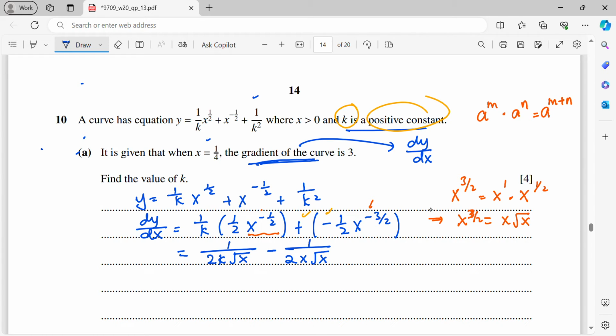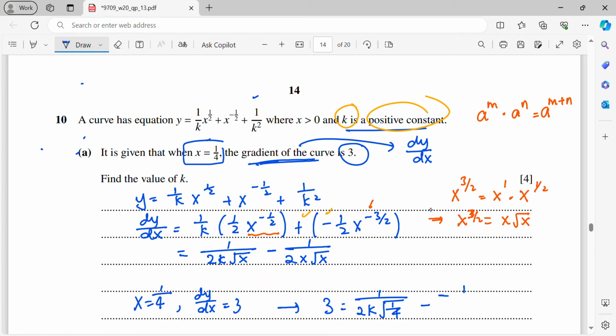Now, it's mentioned that the gradient is 3 when x is 1 over 4. So x equals 1 over 4, dy dx equals 3. Which means I will get 3 equals 1 over 2k square root of 1 over 4 minus 1 over 2 times 1 over 4, then square root of 1 over 4.